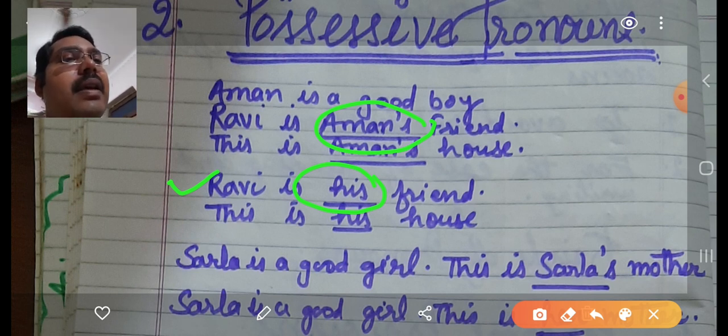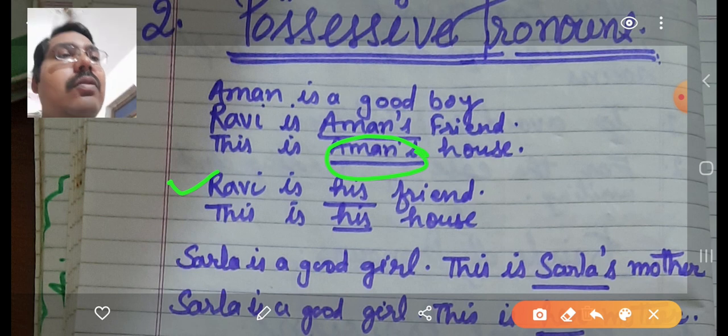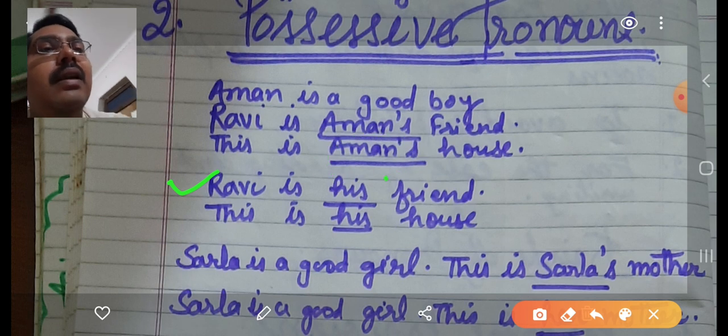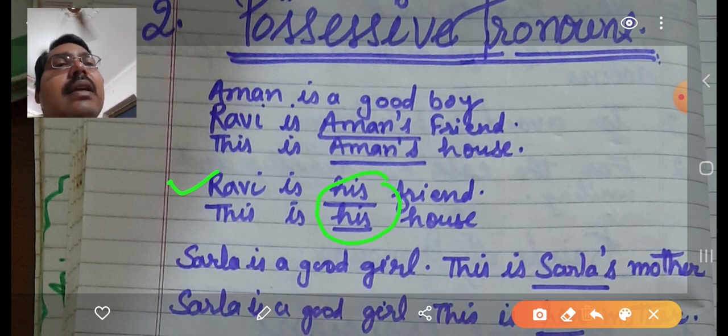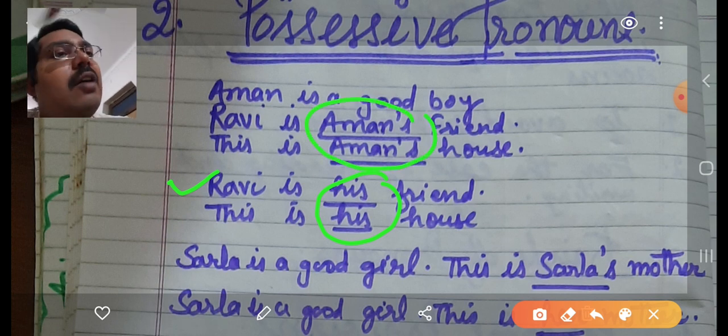In the same way, in the next sentence, this is Aman's house, we have written this is his house. This his is called a possessive pronoun. Aman's is a possessive noun.